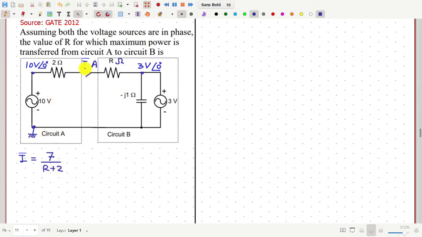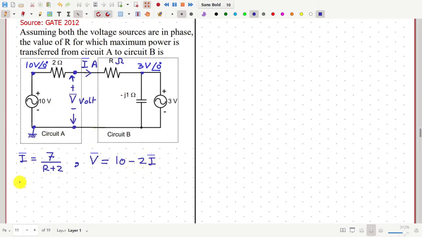Okay, so this is the current flowing here. And then if the voltage between this node and this node is V volt, then V is equal to 10 minus 2 ohm into this current, so 10 minus 2I.